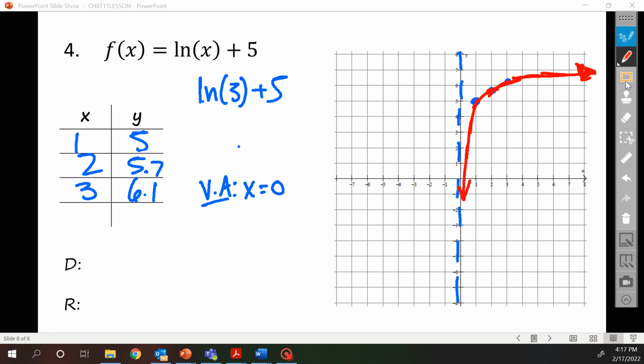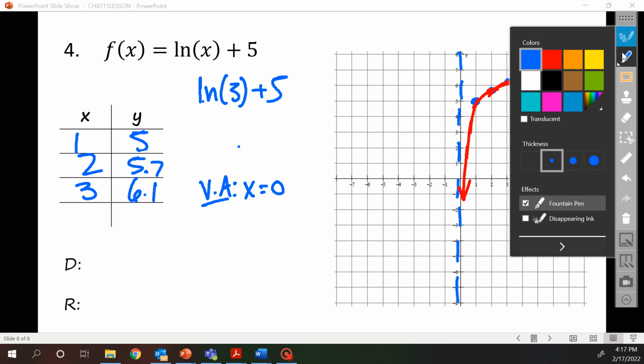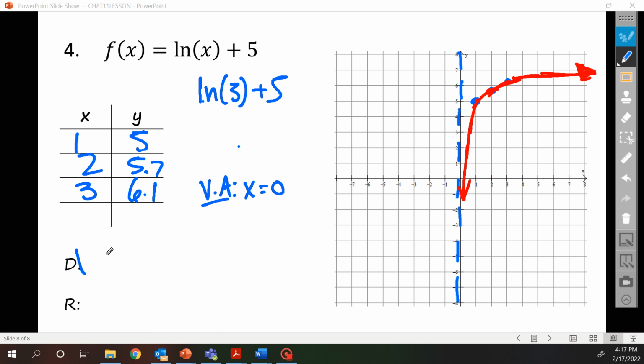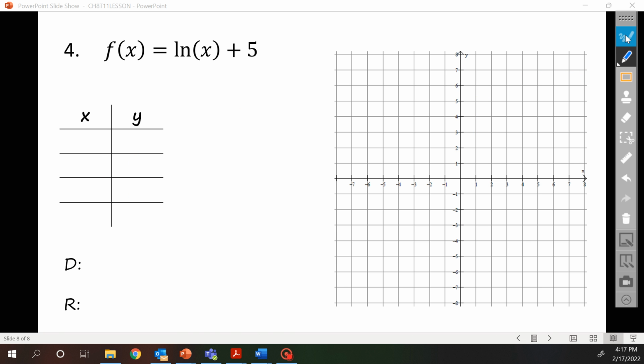Something like this. As you can tell, it's shifted up a little bit because of the transformation. Plus 5 shifts it up. Domain is 0 to infinity. The range, negative infinity to infinity. And that's how we graph log functions.